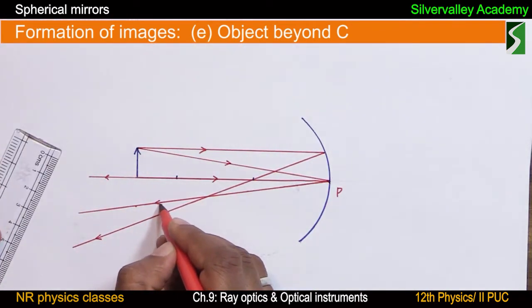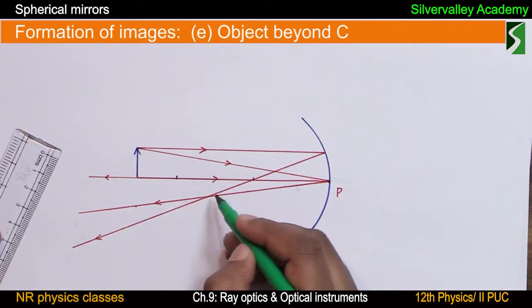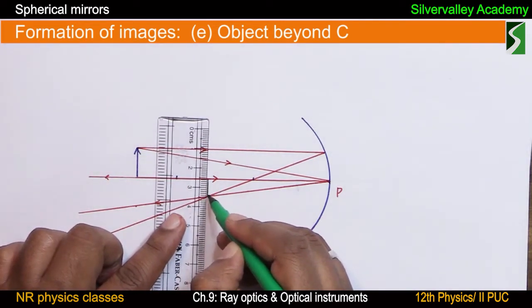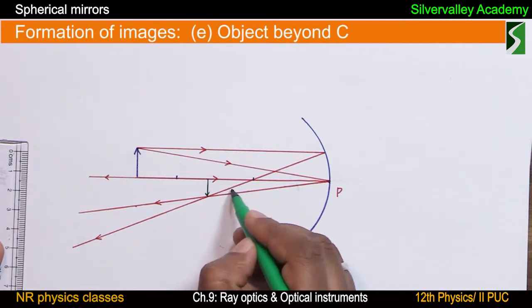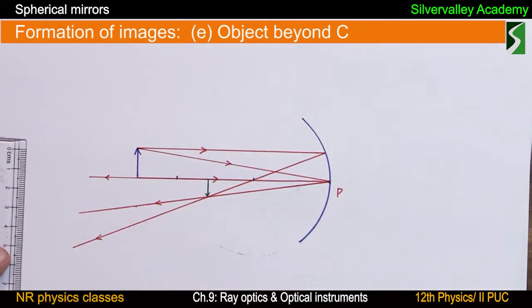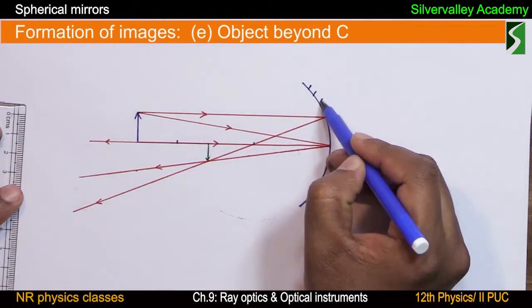This is the reflected ray. Now this is the position of the image. Position of the image will be where the reflected rays meet. Let us shade the mirror.